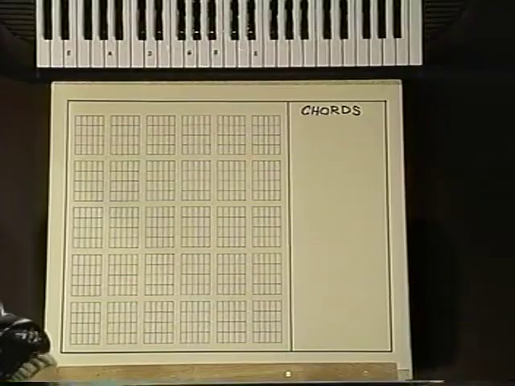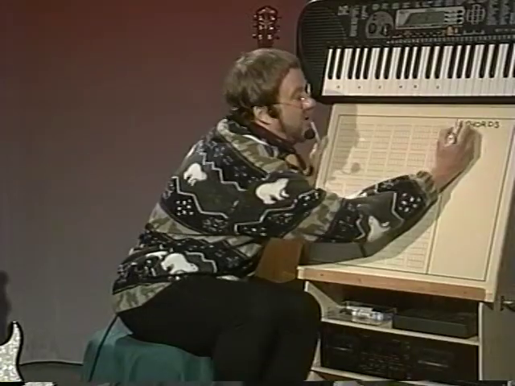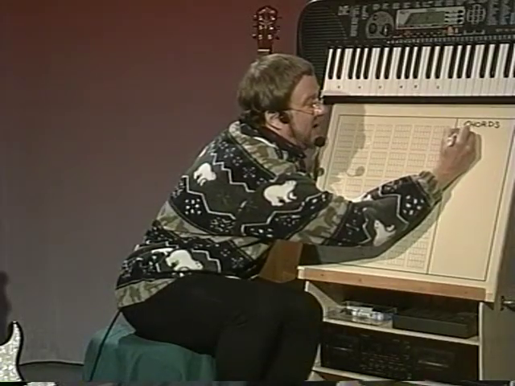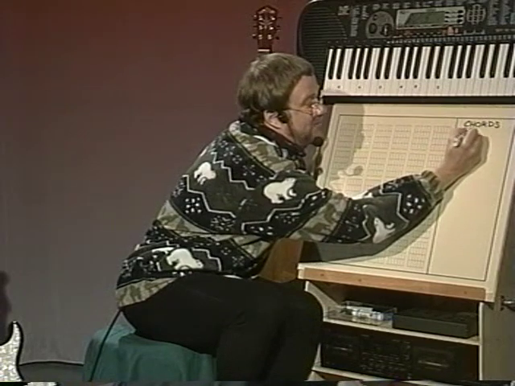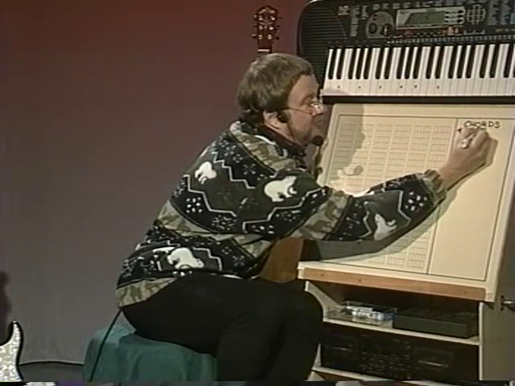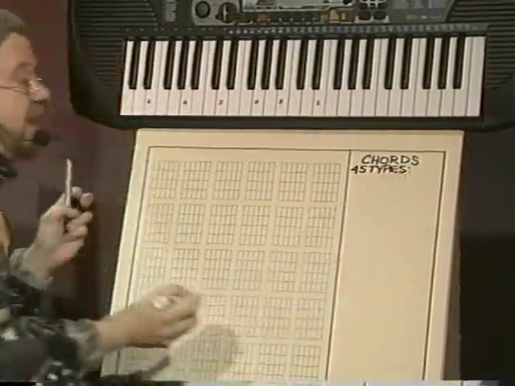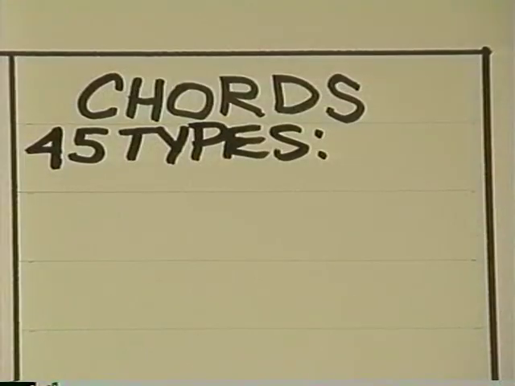Now, let's look up at the chart here. As always, I have some facts to tell you about chords. One of the first things you'd like to know is there are about 45 different types of chords. And they all have different types of names.